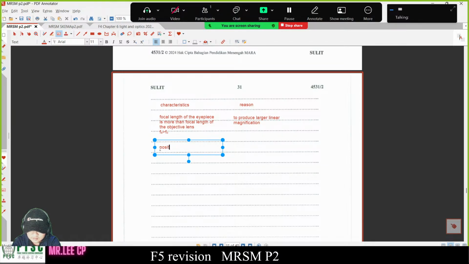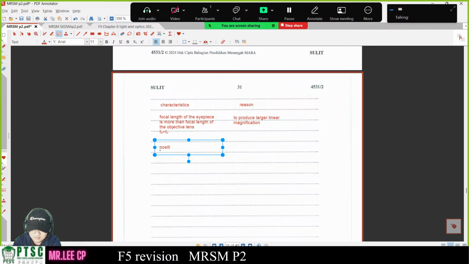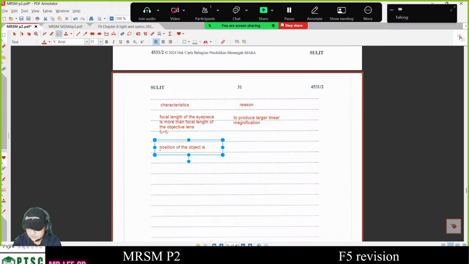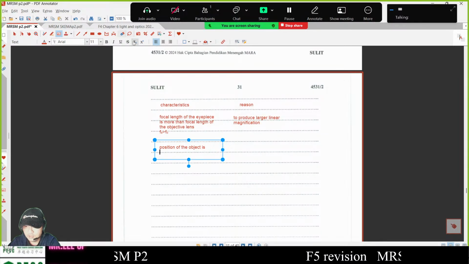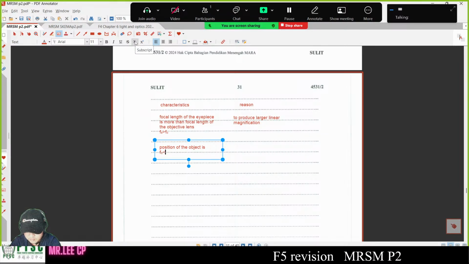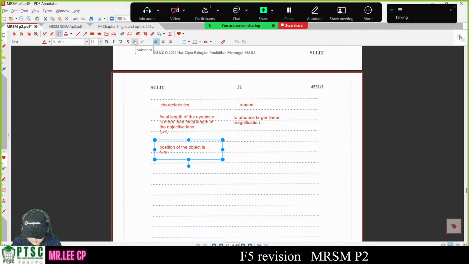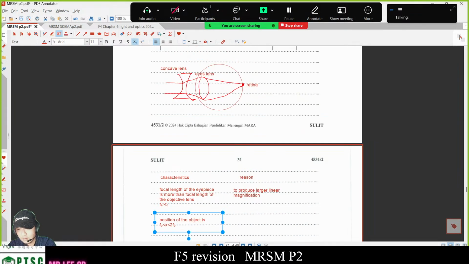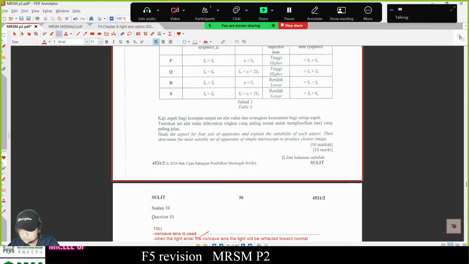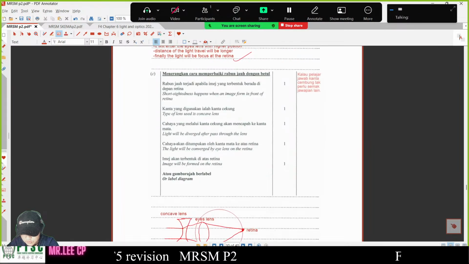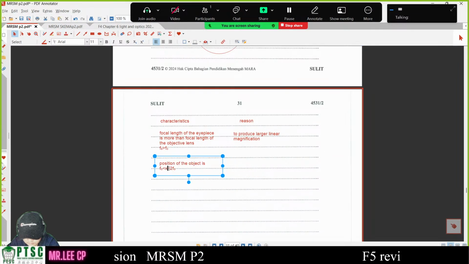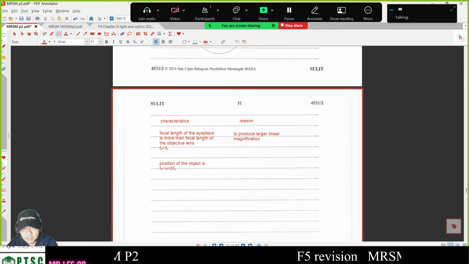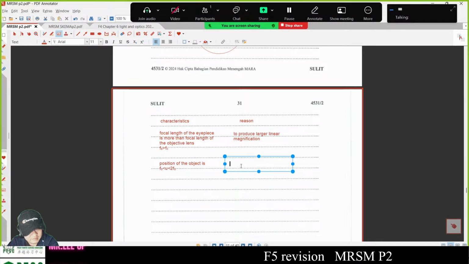The position of the object U is in between FO and 2FO. Why is the position of the object in between F and 2F?